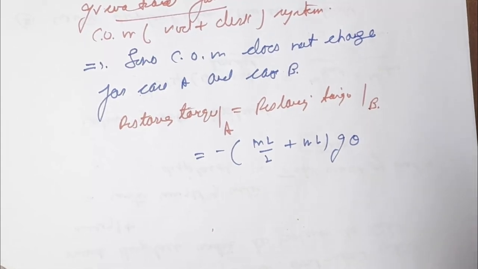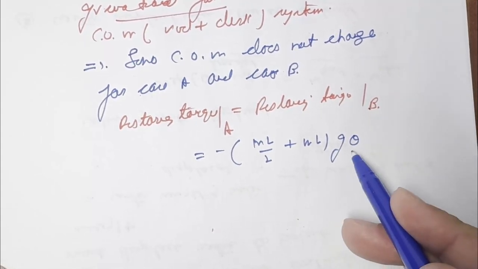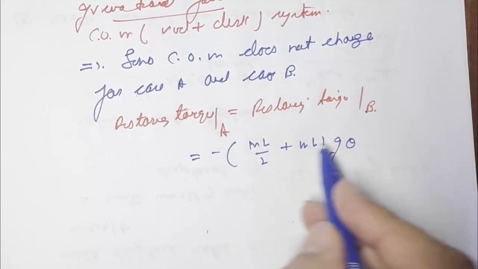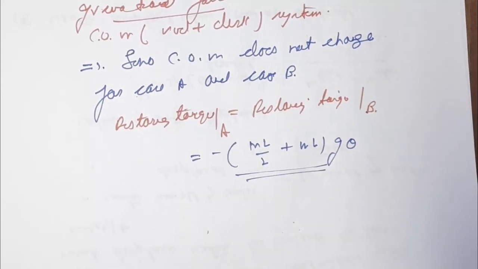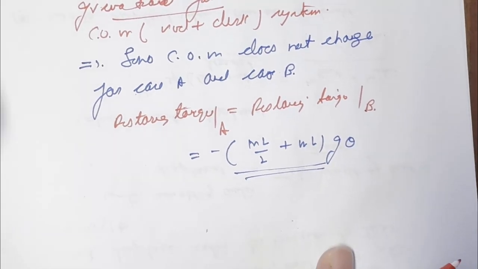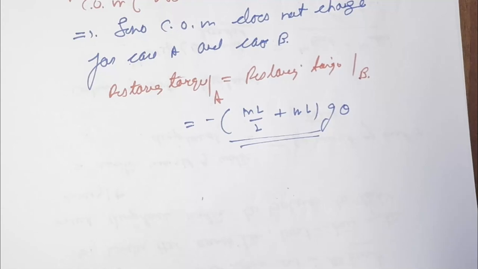Normally it will be sine of theta. We had taken theta to be small, so we can write g of theta. Okay. So it means same for both. Restoring torque will be same.